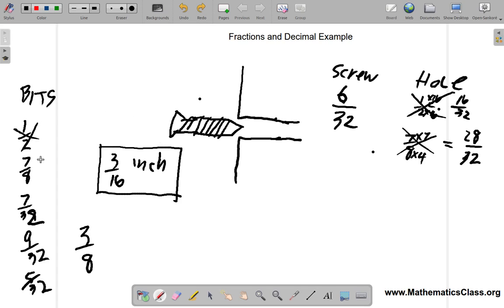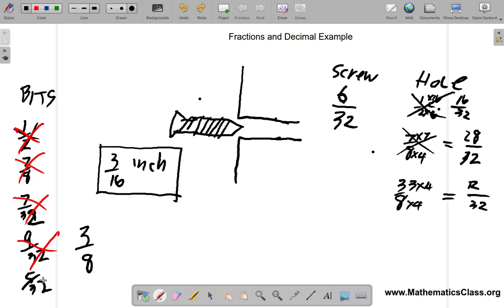So far we know that the 1/2 inch is out, the 7/8 is out, the 7/32 is out. The 9/32 is still larger than the 6/32, so that is out. What about the 3/8? 3/8 is the same as how much over 32? 8 by 4 gives you 32, so 3 by 4 gives you 12. This is still too large.